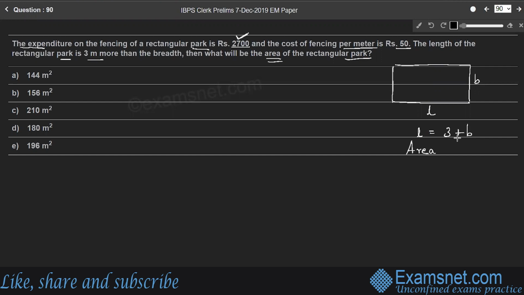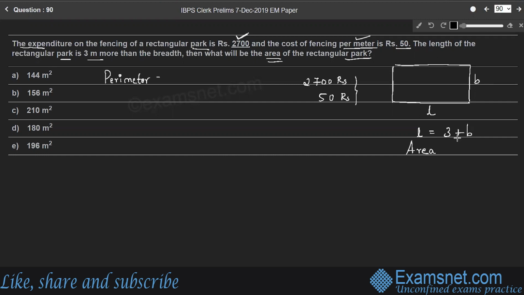What are the data given here? Expenditure on fencing the rectangular park. So total expenditure is given. It is 2,700 rupees. And cost of fencing per meter is 50 rupees. So based on these two data, we can calculate perimeter of the rectangle.